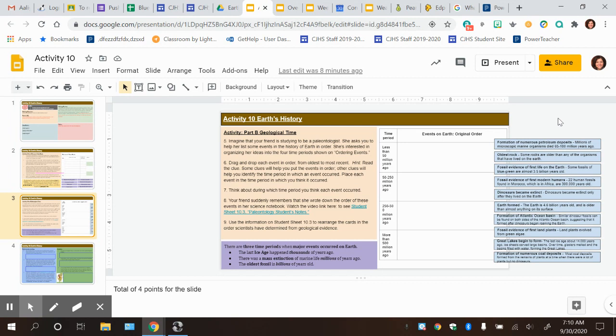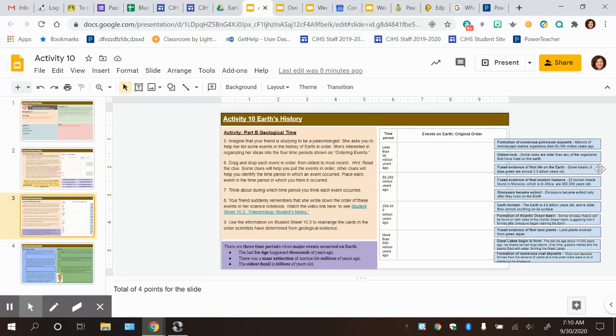So it says formation of numerous petroleum deposits. Millions of microscopic marine organisms died 65 to 180 million years ago. Then oldest rock. Some rocks are older than any other organisms that have lived on Earth.